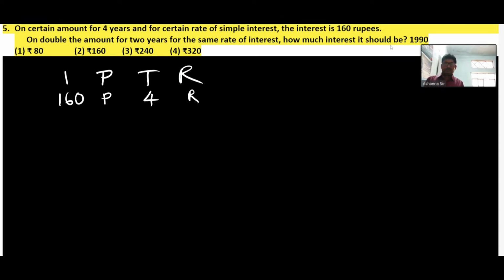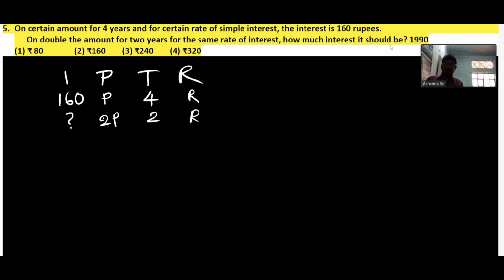Double the amount means 2P. For 2 years, for the same rate of interest, how much interest should it be?